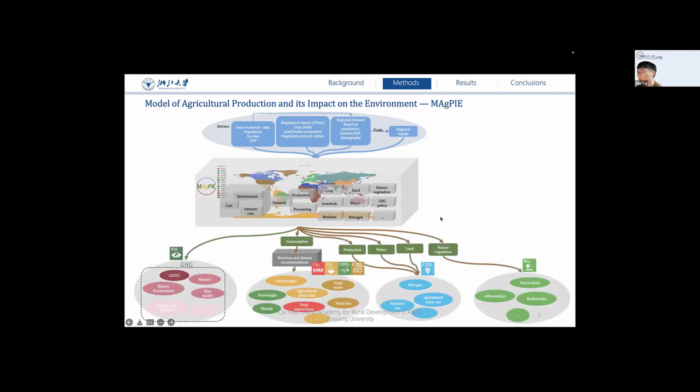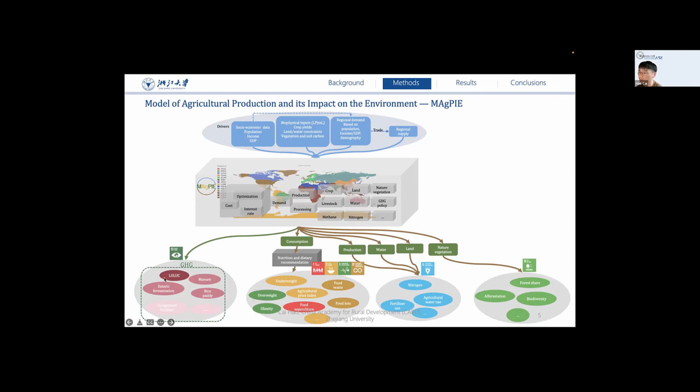Then with MACPI's results, we can study some indicators related to the Sustainable Development Goals proposed by the UN. For SDG 1, 2, 3, and 12, we have food expenditure, prevalence of overweight, underweight, obesity, food waste, agriculture price index, etc. With respect to SDG 6, we have nutrition, nitrogen fertilizer use, agriculture water use, etc. For SDG 13, we have climate.